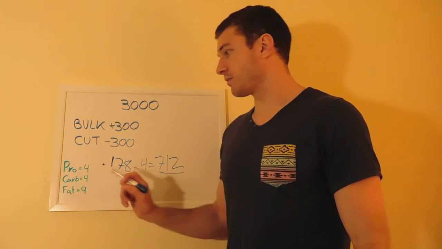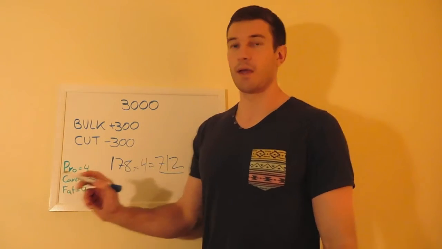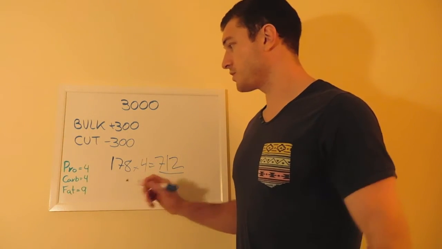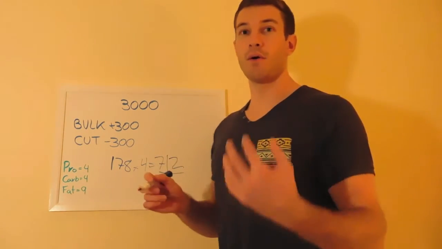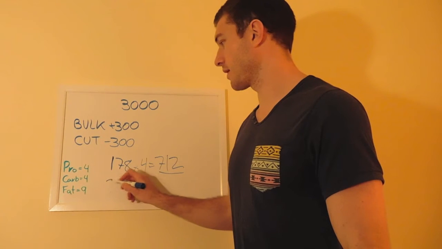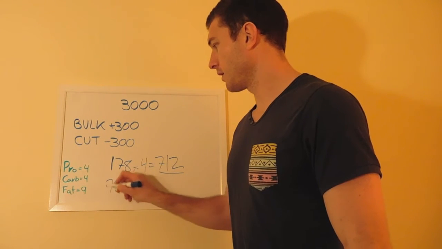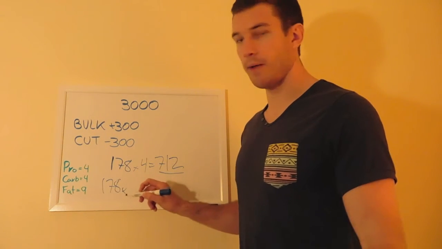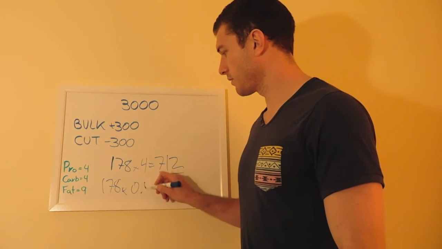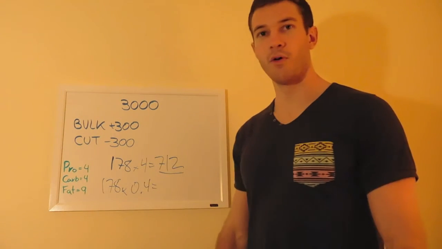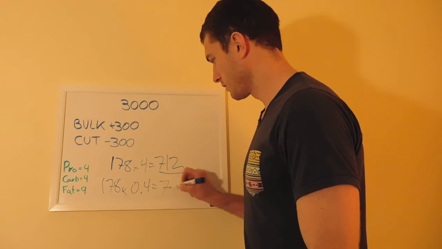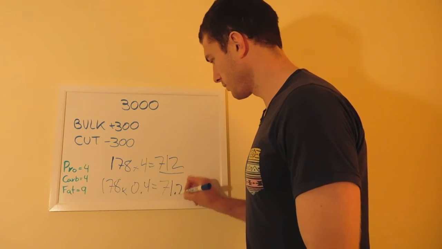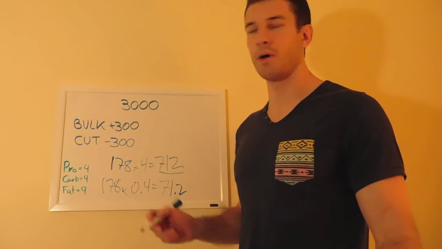So the next thing we're going to do is calculate our fat. What you want to do is multiply your body weight by 0.4. So again, we're going to multiply 178, which is my body weight, times 0.4. That's 71.2, we're just going to call it 71 for this video.